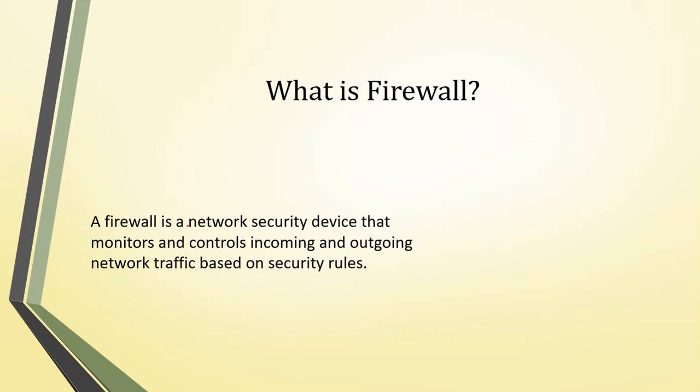What is a firewall? A firewall is a network security device that monitors and controls incoming and outgoing network traffic based on security rules. Like this is my firewall, this is my internet provider, and this is my LAN segment.